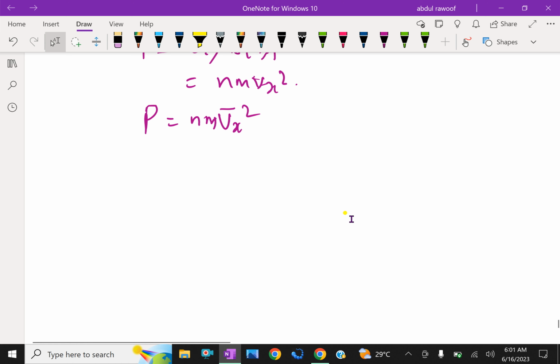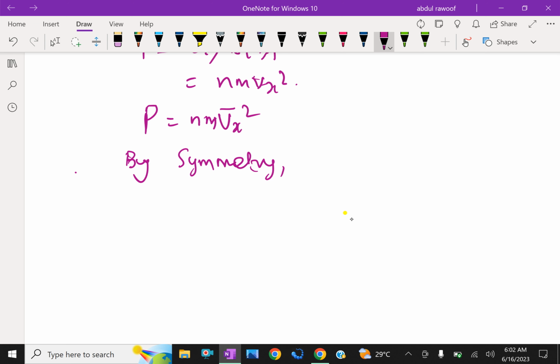Now, similarly, by symmetry, in all directions it is the same: the average of Vx square in the x direction is equal to Vy square in the y direction, which is equal to Vz square.